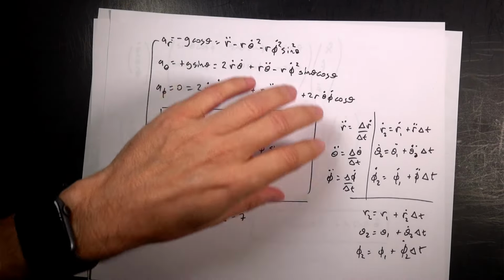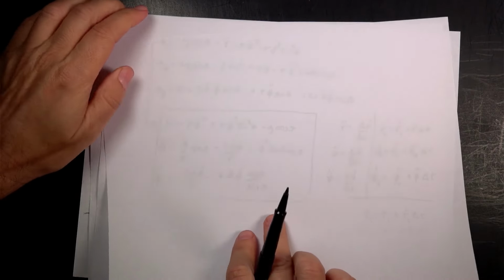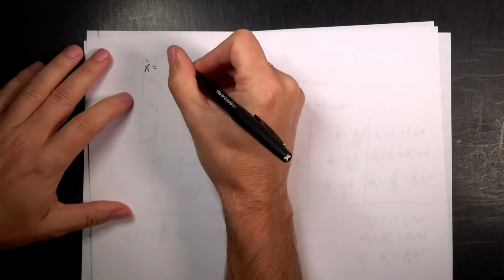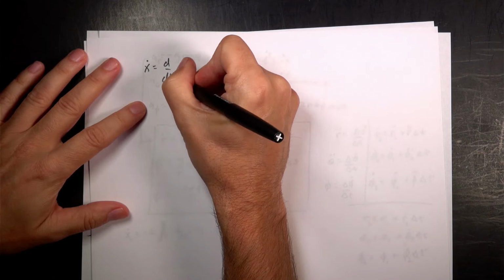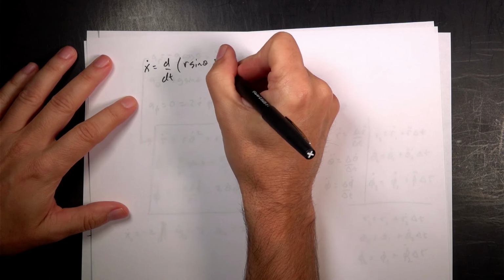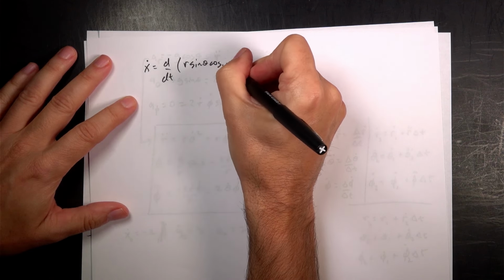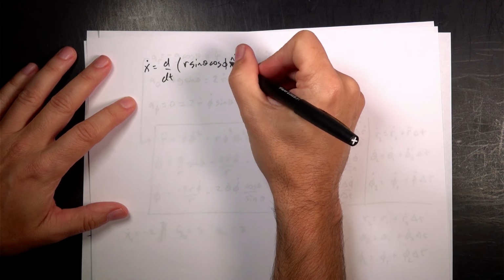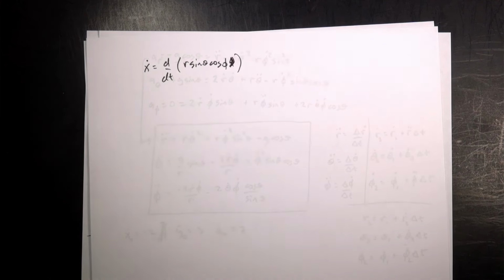Actually, I should do this on a new piece of paper. So x dot is going to be equal to d/dt of r sine theta cosine phi x hat. Actually, that's x. That's all I need to do.